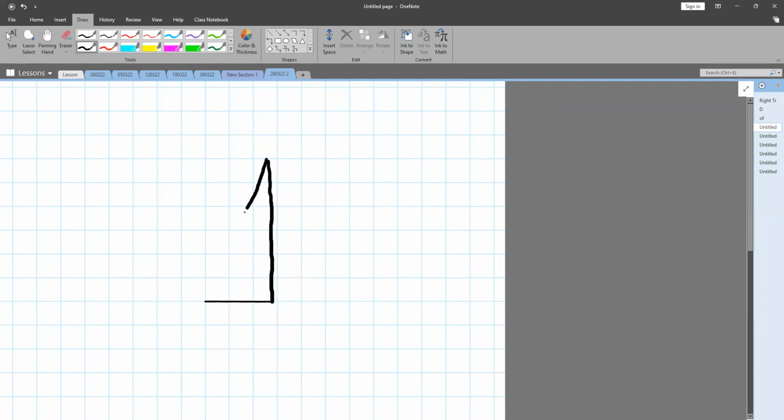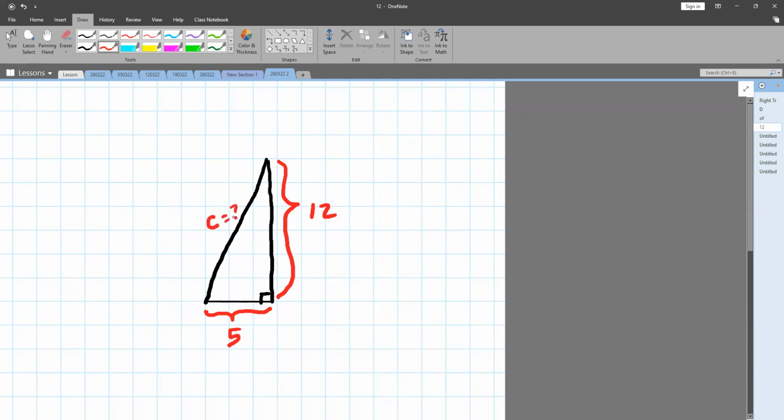This is the 90 degrees angle here. My question is, if I have this length equal to 5, and this length equal to 12, now what is this length?